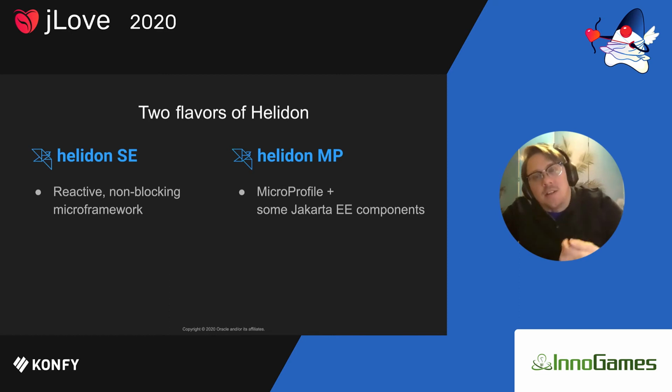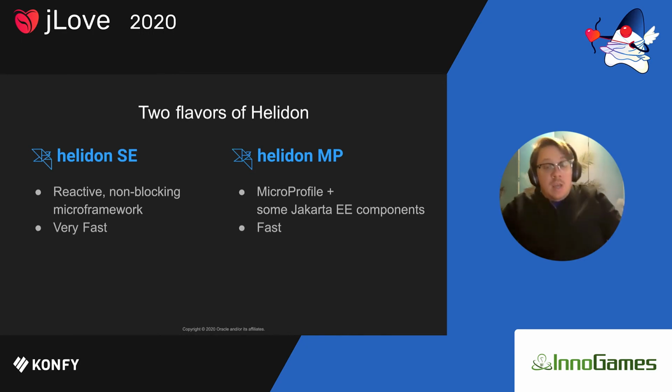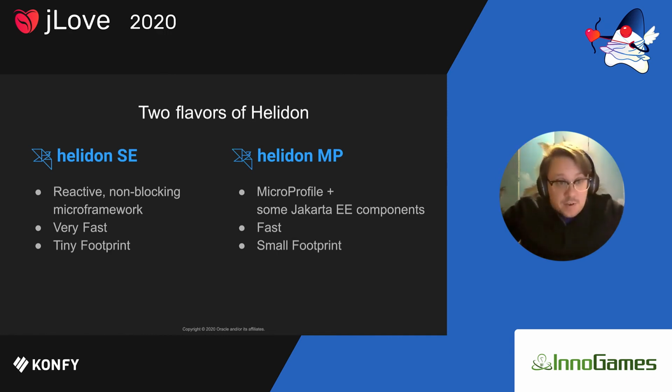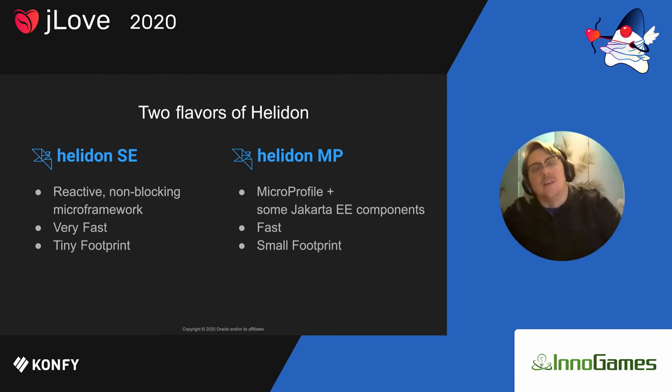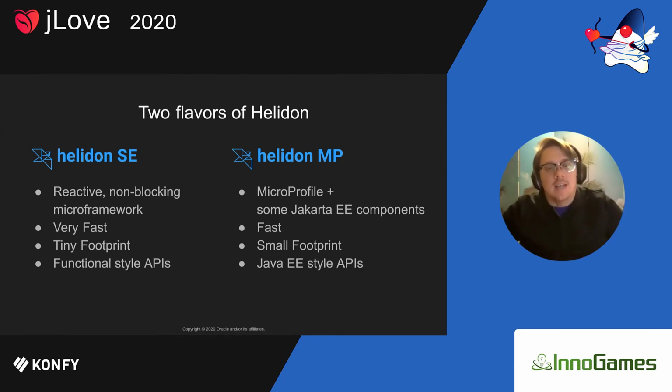So if Helidon MP is just MicroProfile and some Java EE components, Helidon SE is a pure Java, reactive, non-blocking micro framework. If Helidon MP is fast, Helidon SE is very fast. Helidon MP already has a small footprint, and Helidon SE takes it to the minimum. It's really tiny.